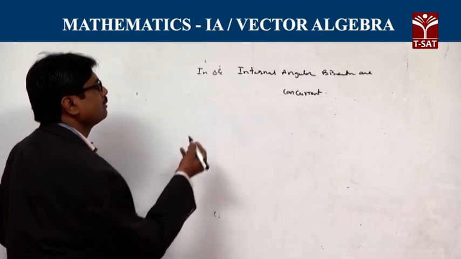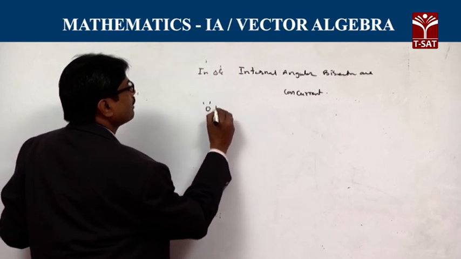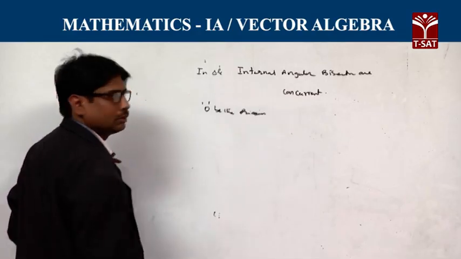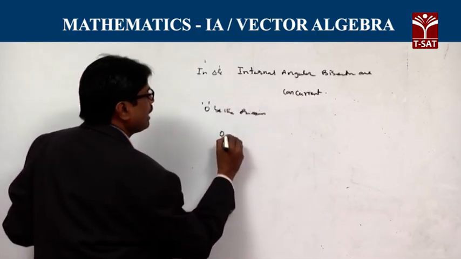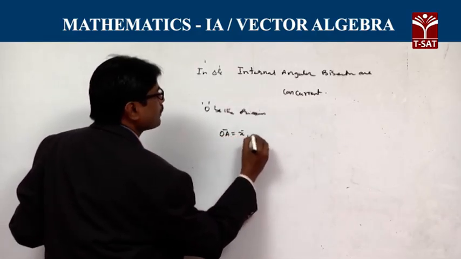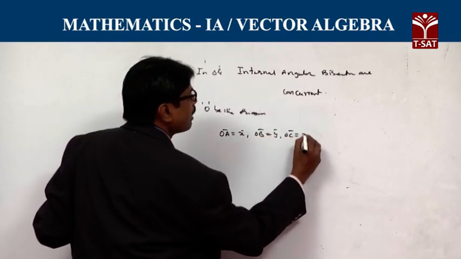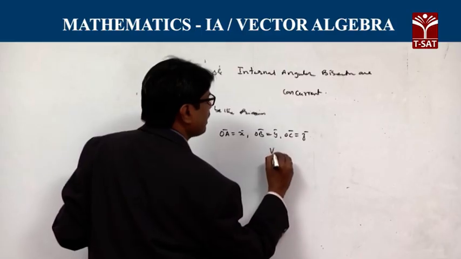Further, define O to be the origin. OA bar is equal to x bar, OB bar is equal to y bar, OC bar is equal to z bar, the vertices of a triangle ABC.